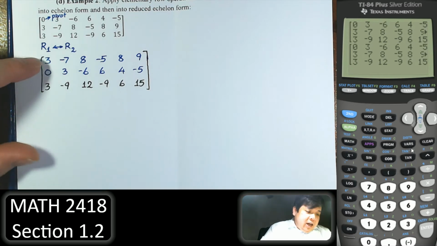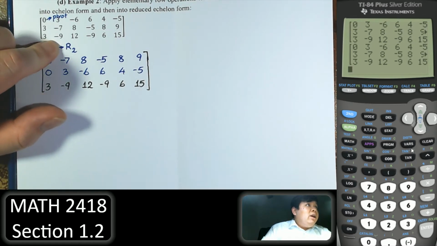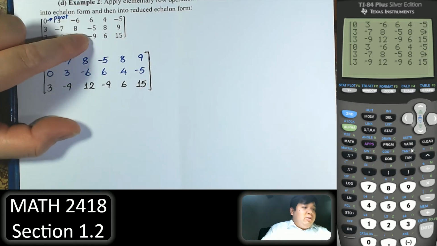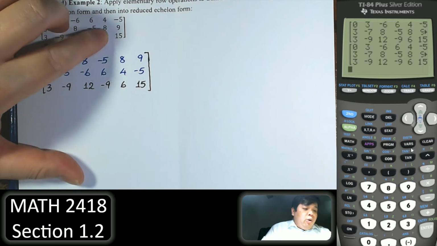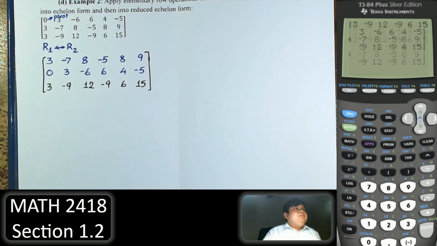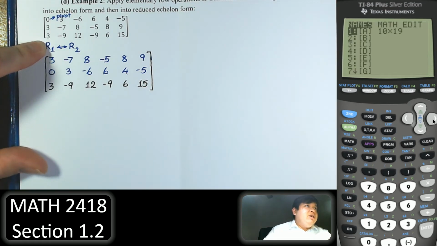So the rows are 0, 3, negative 6, 6, 4, negative 5; 3, negative 7, 8, negative 5, 8, 9; 3, negative 9, 12, negative 9, 6, 15. That's good. Now, swap row 1 and 2, second matrix.